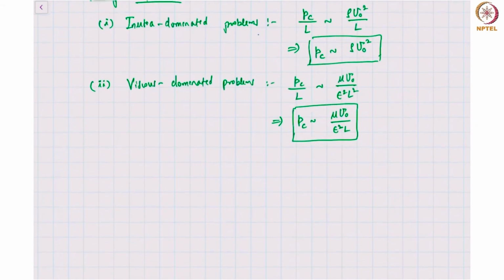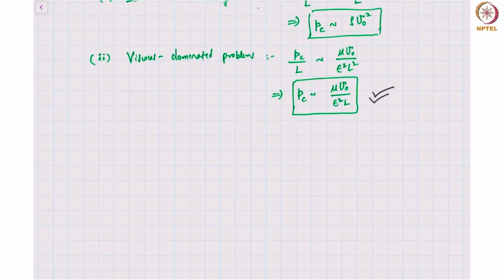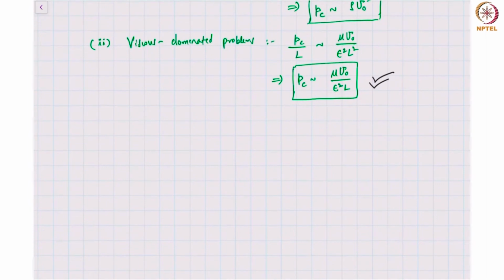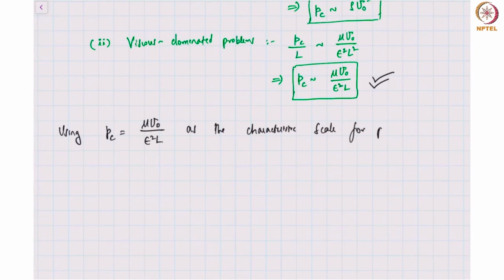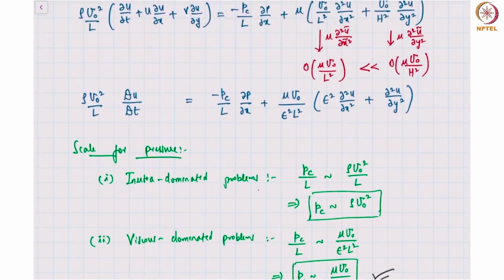So we will choose the second scale for pressure, and if we substitute the scale for pressure, then we can simplify these equations further.